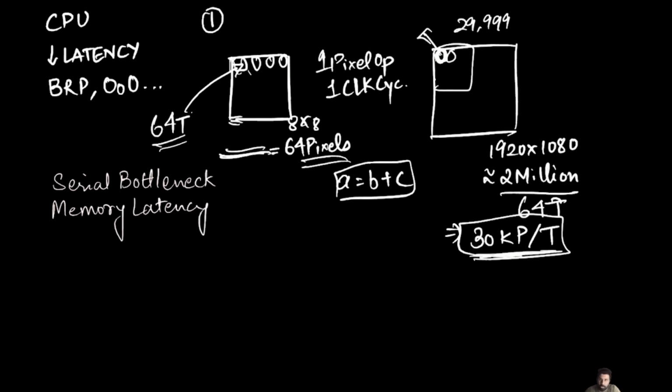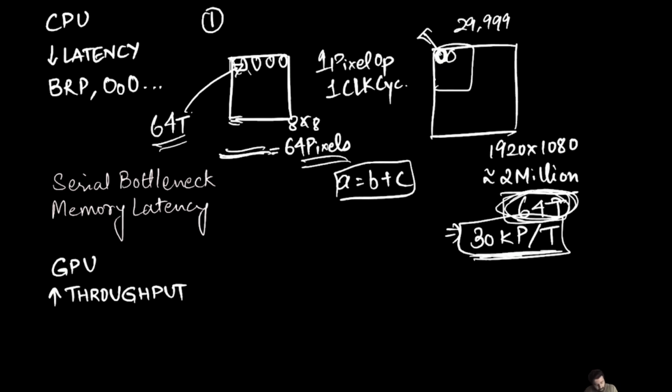So what's the solution? To increase the number of threads in the system, which is what GPUs do. GPUs are designed to maximize throughput, meaning you increase the number of workload carriers and then you get the job done at a faster pace.